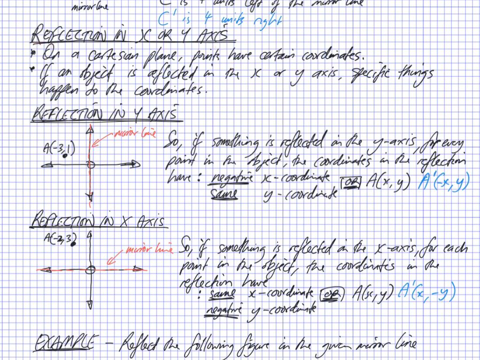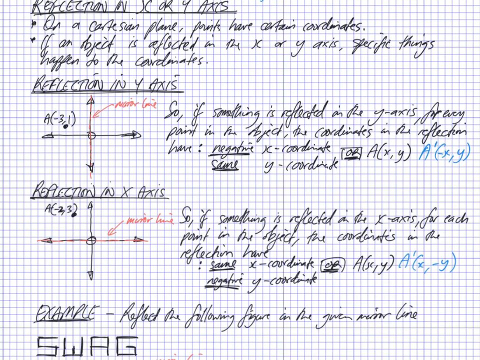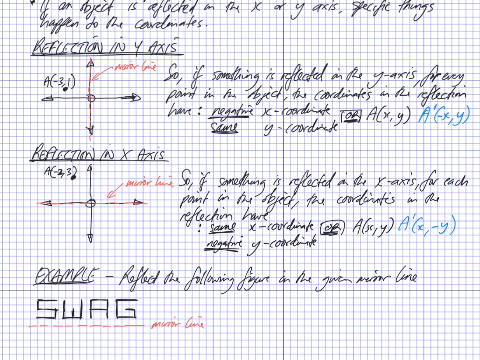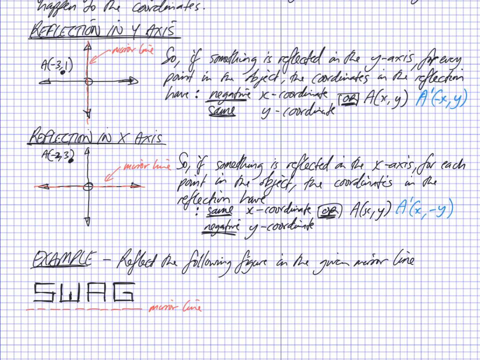And you can reflect in the x or the y axis. Now, if you're reflecting in the x or the y axis, specific things happen to the coordinates, and sometimes this can make it easier to do the reflection. Instead of just visually placing the points, you can just decide where the points need to go based on the coordinates.